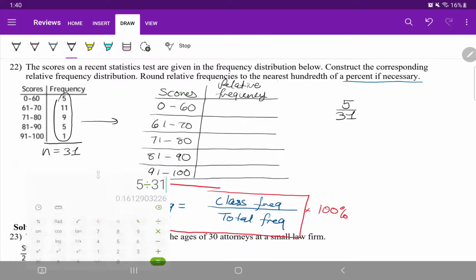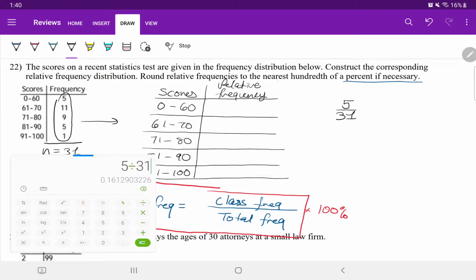And after whatever we get here, which is approximately 0.16, we're going to multiply that by 100 to get approximately 16%.